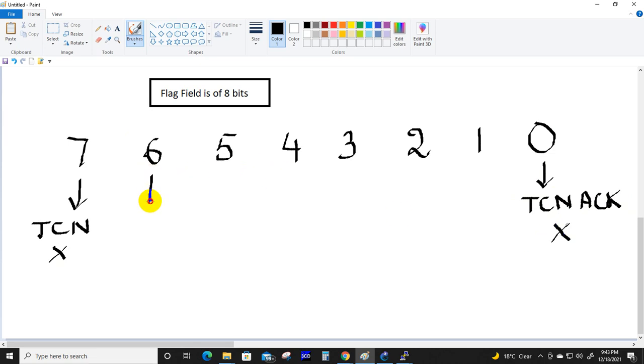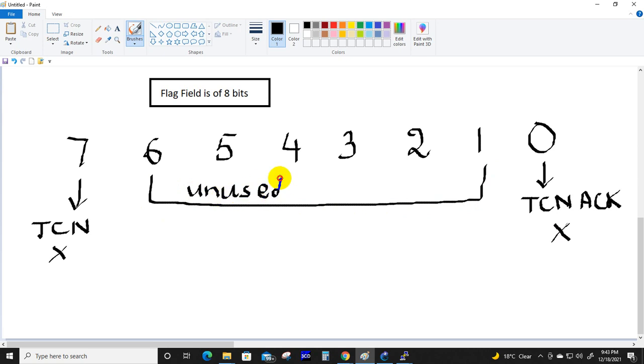These are unused in STP. In STP, these are unused. But in RSTP, these are bits which have some significance.